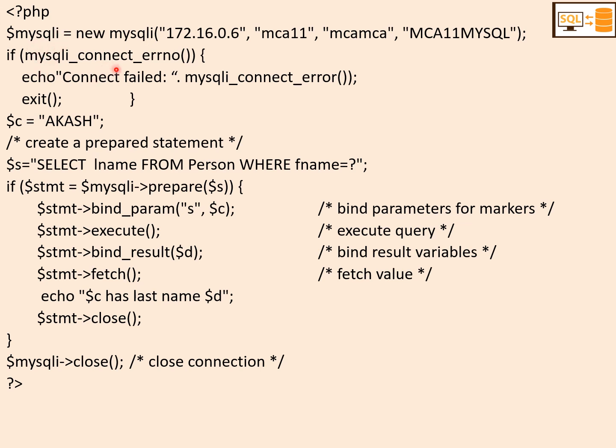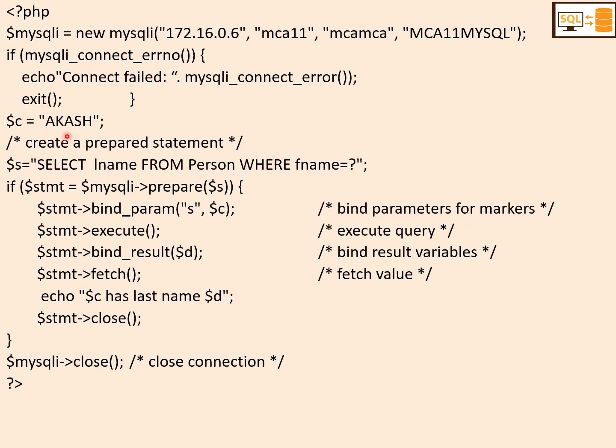Otherwise, echo connection failed will generate a connection error message. If the connection is not established, this variable has an error message or false value, so we can access that error using the function mysqli_connect_errno. Then the corresponding error will be generated.